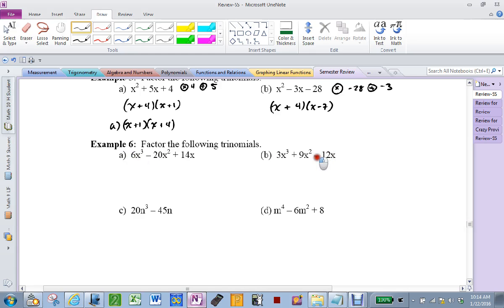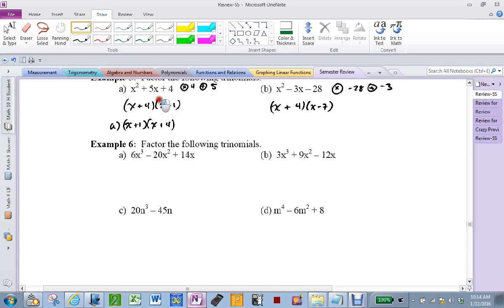Blech! What don't I like about A? Give me one thing I don't like about A compared to what we've just done. There's a cubed. What else? Lita. Leading coefficient.